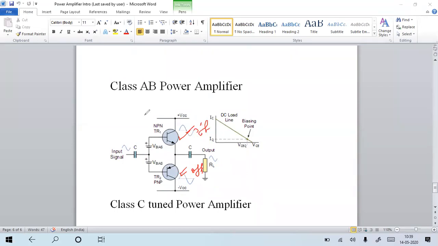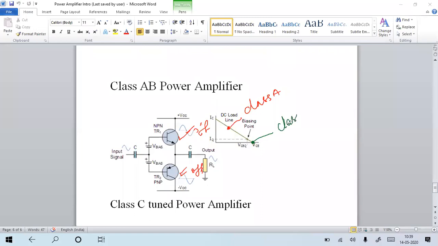Getting my point? But what is the difference between class A, class B, and class AB? In class A amplifier, the operating point is exactly at the center of the active mode. This is class A. Class B is what? Operating point exactly at the cutoff point, cutoff mode. That means the transistor is maintained in the off state.